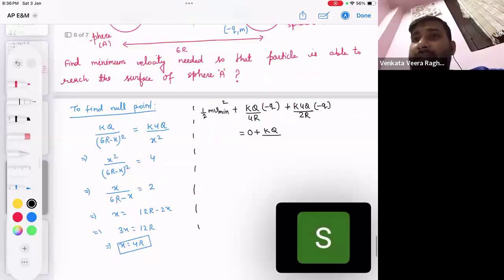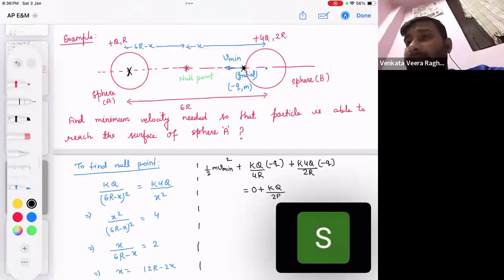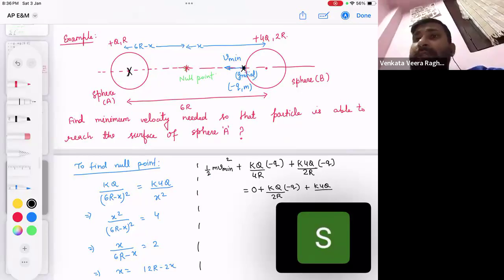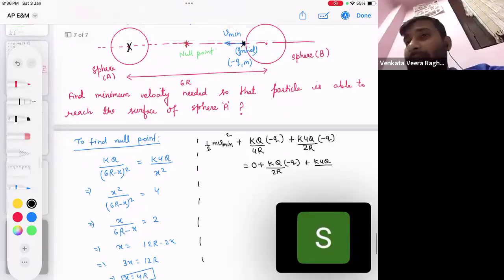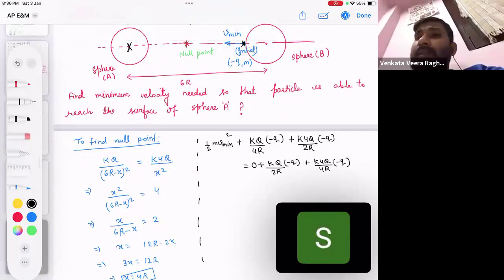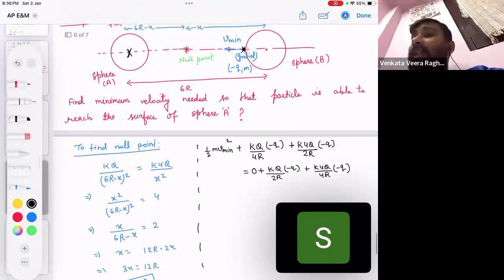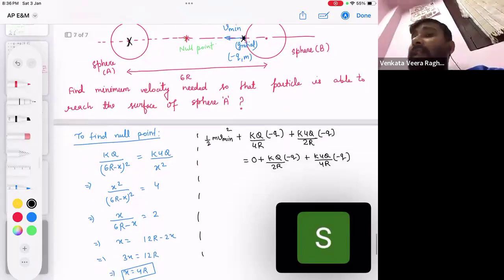So 6r minus 4r, that will become 2r into the charge, plus K 4Q due to sphere B, the distance from center becomes 4r into charge. Understood? Initial kinetic energy plus initial potential energy equals final kinetic energy plus final potential energy.